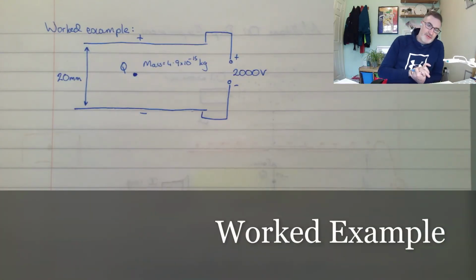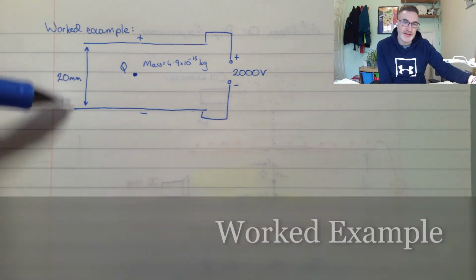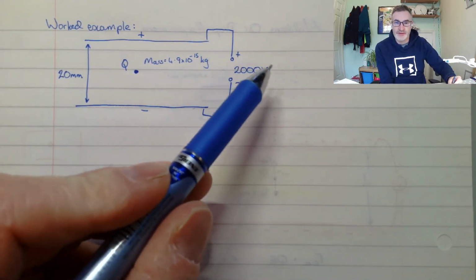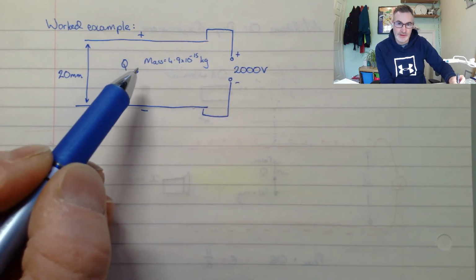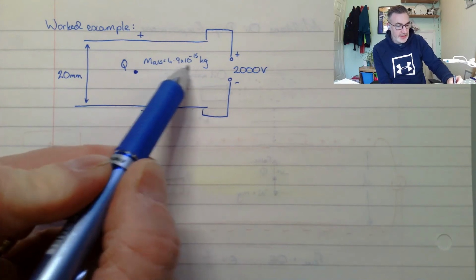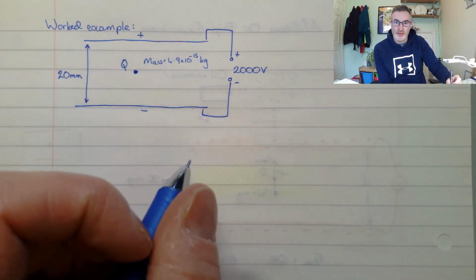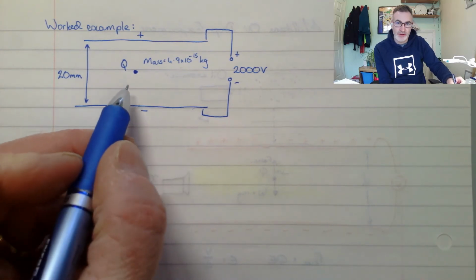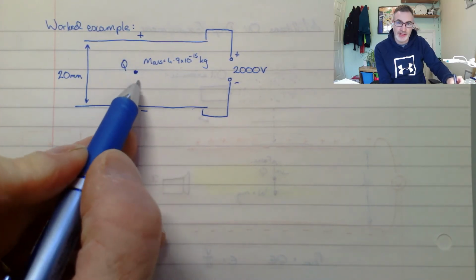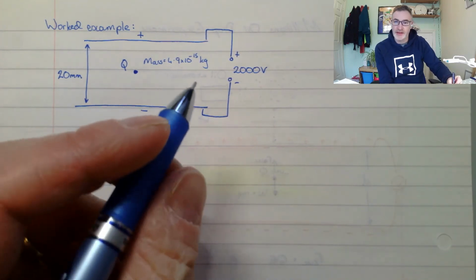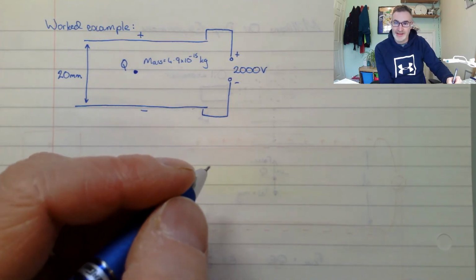In this worked example, we have parallel plates with a separation of 20 millimeters. There's a potential difference of 2000 volts, which is used to keep the oil drop stationary. And we've calculated that the mass of the oil drop is 4.9 times 10 to the minus 15 kilograms. What we're going to try and do is determine the charge on the oil drop, and hence calculate the number of excess electrons.